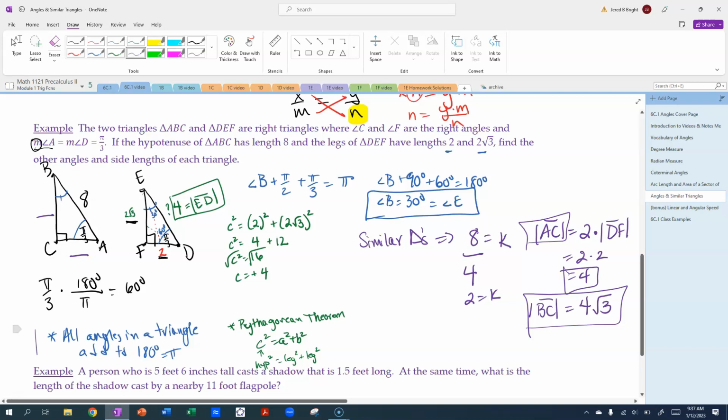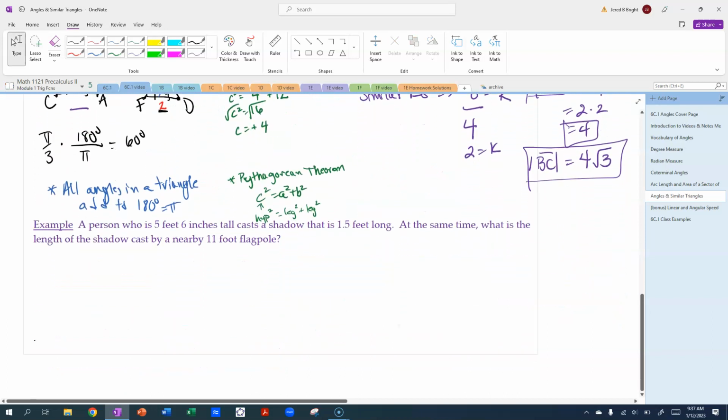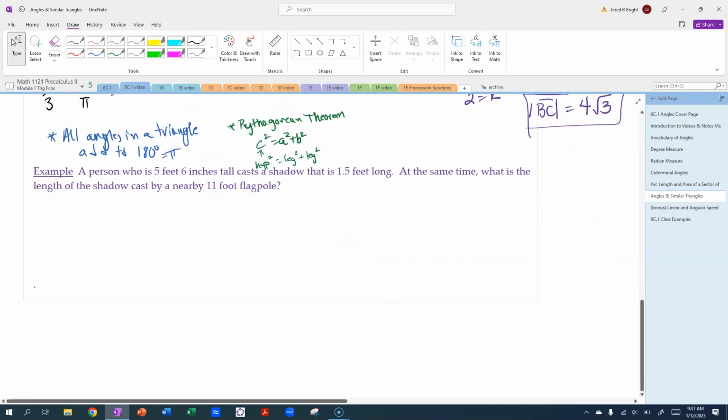So when working with triangles, remember you can always make use of these other past formulas as well. Okay. Next one and last example. A person who is 5 feet 6 inches tall. Let's call that 5.5 because the other things are all in feet.